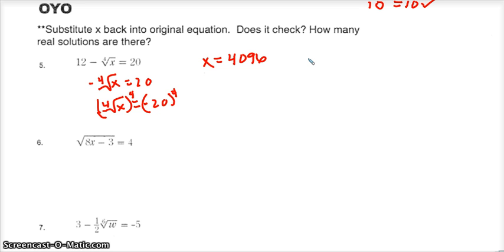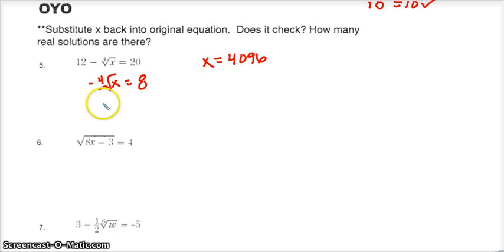Now, it's time to check our answer. But first of all, I made a big mistake. I made a mistake back when I was solving. I didn't subtract 12 from both sides. So it should have been negative the fourth root of x equals 8.